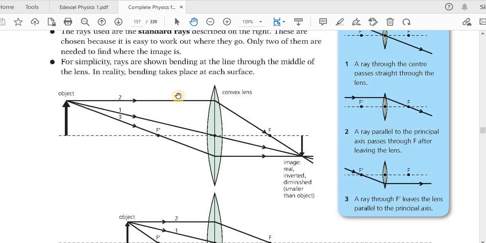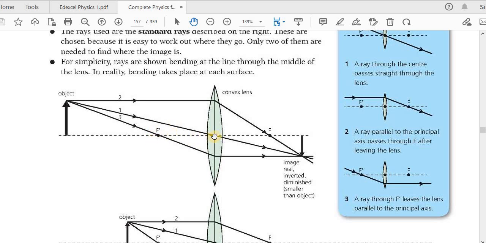Now the third line is, we can say, the opposite of the first line. Here we drew it parallel to the principal axis, then passing through the focus. Here we draw it passing through the principal focus, then parallel to the principal axis. So here and here we have horizontal lines. This and this pass through the focal point or focus or principal focus.